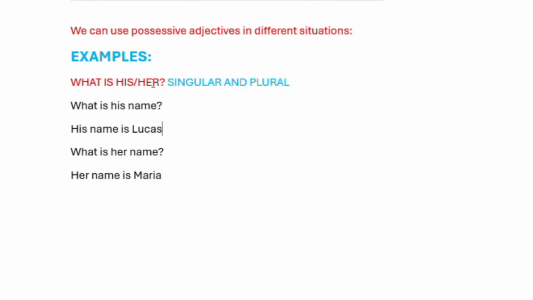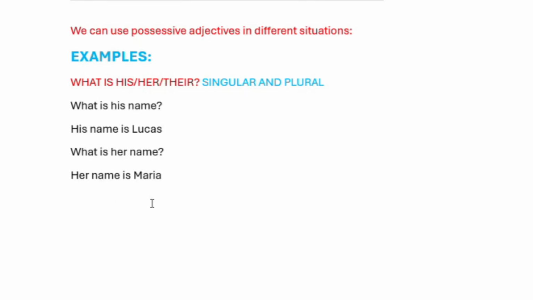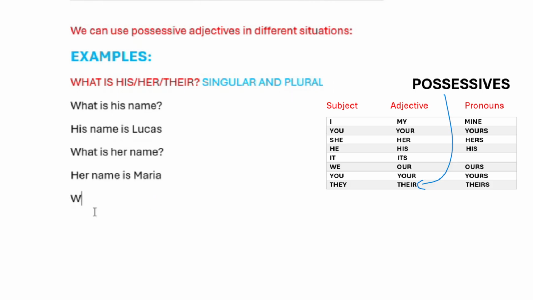What is the plural form? Well, the plural form, when we ask about their names, also about our names, your names, their names. Imagine a group of people, and we need to know their names. Then the question in a plural form is, what are their names?